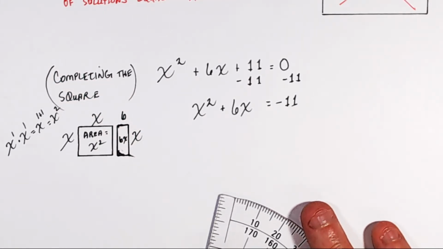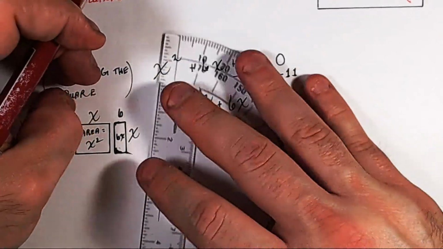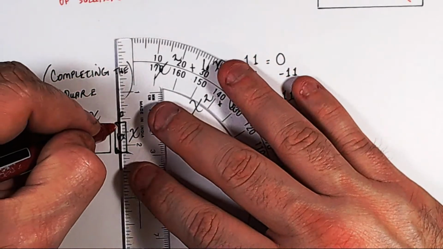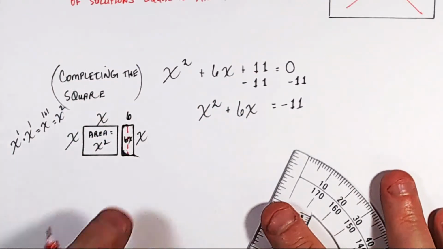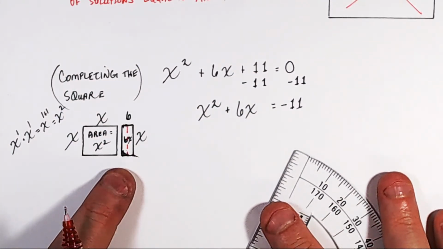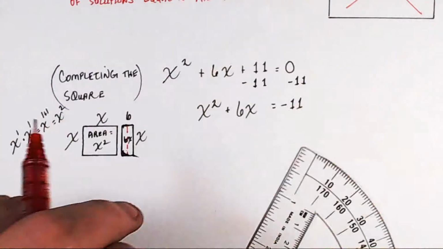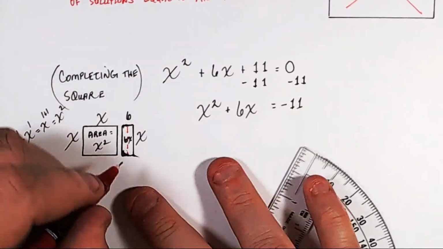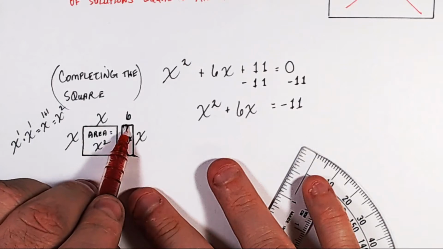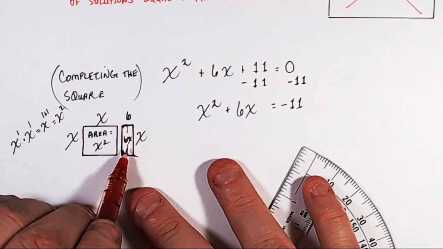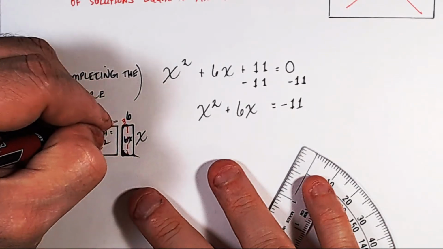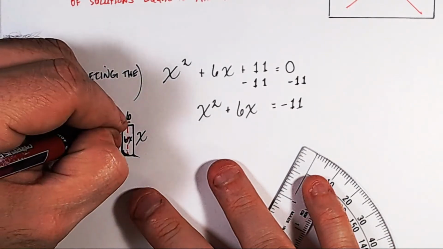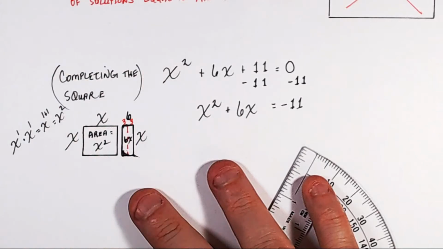Okay, now the next step requires us to split this smaller rectangle in half, just like that. We're going to divide it in two pieces, two identical strips lengthwise. So if the width is 6 and I split it into two pieces, my new little tiny strips of rectangle will each have a width of 3, because that's half of 6.